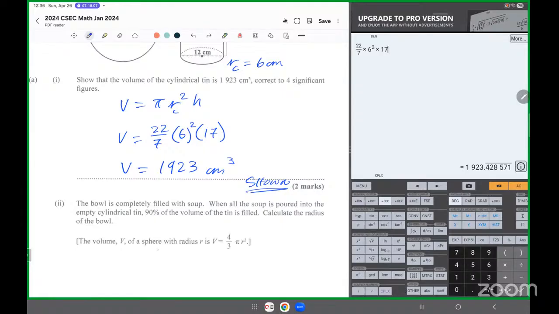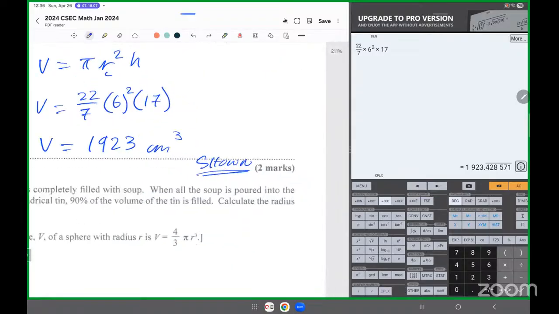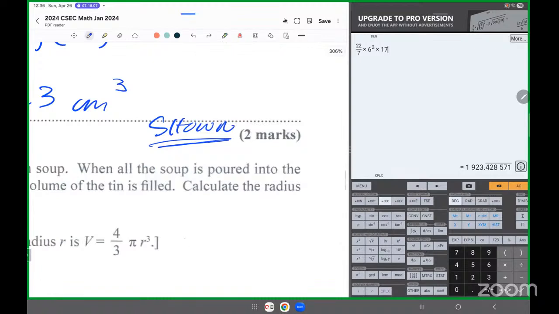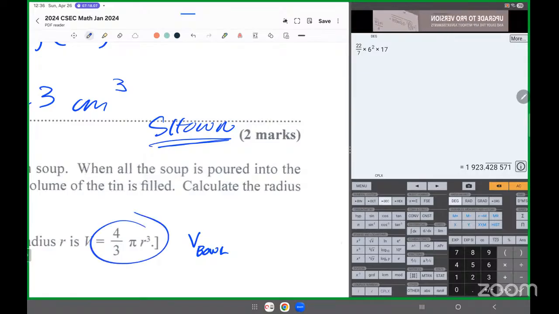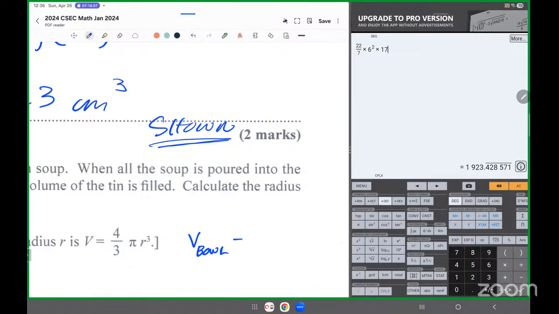The volume of a sphere is 4/3 pi r cubed. The bowl is half of a sphere. So the volume of the bowl, first we have to note, is half of this: 2/3 pi r cubed. Half of the volume of the sphere. See that? The bowl is half of a sphere.